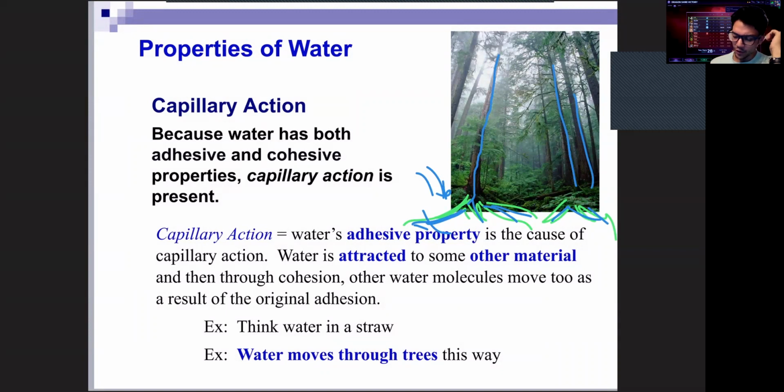So water acts kind of like a straw, and that's because it likes to stick to itself. If you've ever stuck a piece of paper, and I'll actually, here's my old copy right here. So I don't know if you'll be able to see this very well, but let's give it a shot.